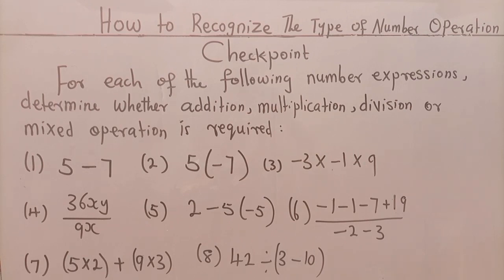Please, where possible, try to evaluate. But the most important thing here is for you to know what is exactly required. Whenever you determine that what is required is a mixed operation, it is important, especially that you try to find out what the answer is by trying to interpret the operation and trying to carry out the operation accordingly.